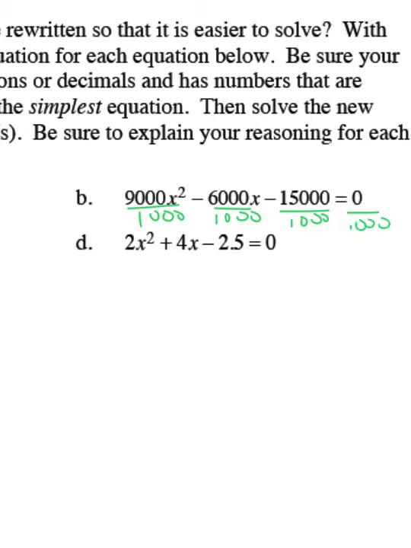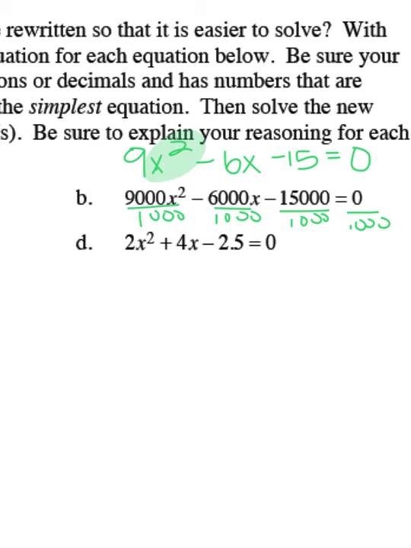And so we'd be left with 9x squared minus 6x minus 15 equals, and 0 divided by 1,000 stays 0. Be mindful that this problem, due to the x squared, is called a quadratic. In order to solve this farther to get what x equals, you would need to either use quadratic formula or factoring.